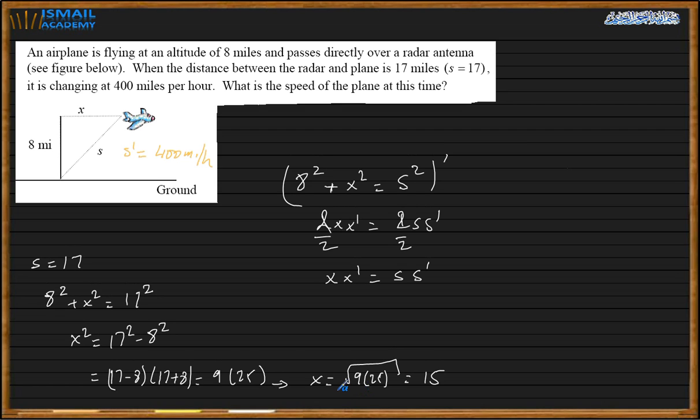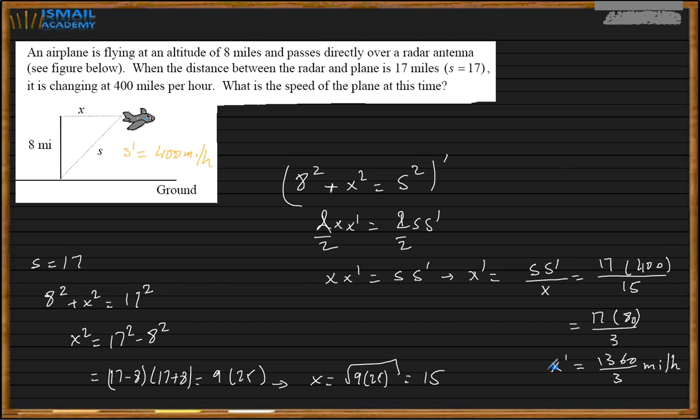So now I have everything: x prime equals s s prime over x, where s is 17 and s prime is 400 miles per hour. We'll end up with 17 times 400 over 15, which is 1360 over 3 miles per hour.